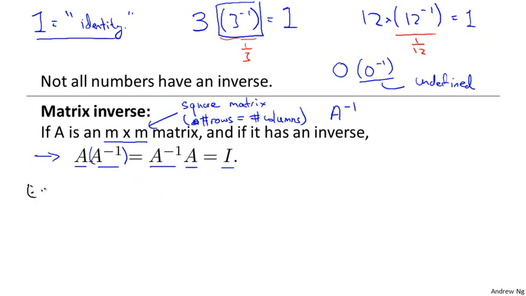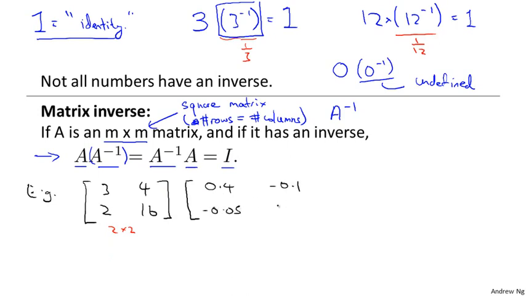Let's say I have the matrix 3, 4, 2, 16. This is a 2 by 2 matrix, so it's a square matrix, and so this matrix could have an inverse. I happen to know the inverse of this matrix is 0.4, minus 0.1, minus 0.05, 0.075.